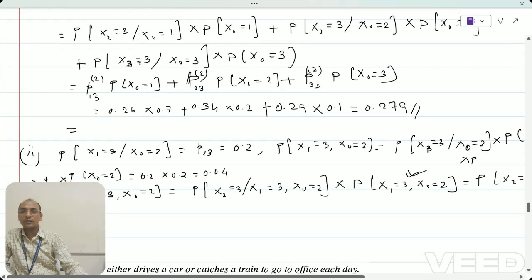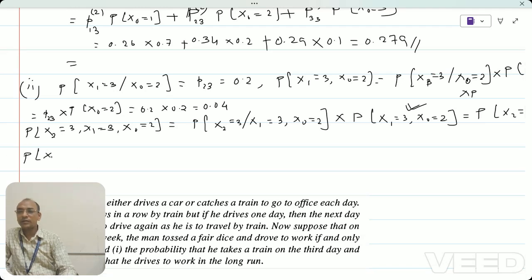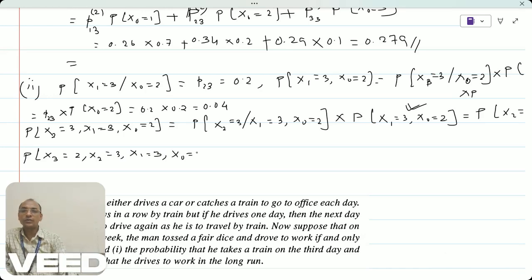And then finally we will find probability x3 equal to 2, x2 equal to 3, x1 equal to 3, x0 equal to 2.